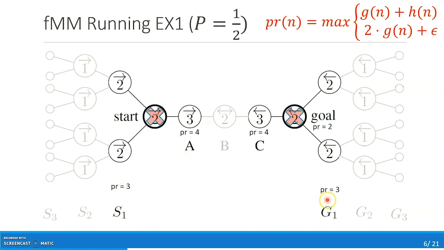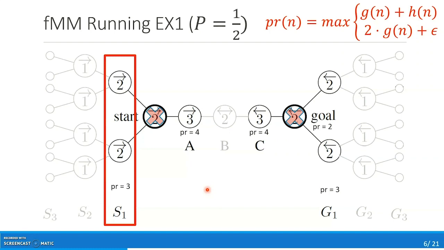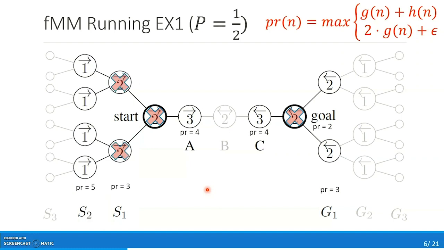Now S1 and G1 both have a priority of 3, therefore FMM can choose to expand S1 without loss of generality, and generate S2. The priority of S2 is equal to 5, because its g value is equal to 2. And if we look at the priority function, 2 times 2 plus epsilon, where epsilon is 1, because this is a unit edge cost problem, is equal to 5, and this is the priority of S2.